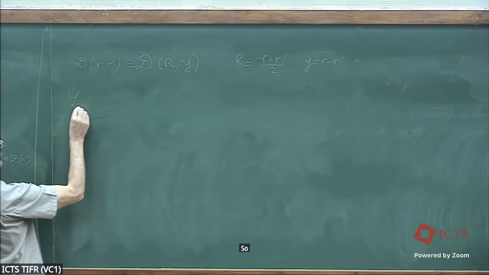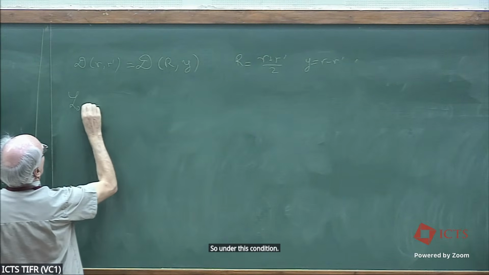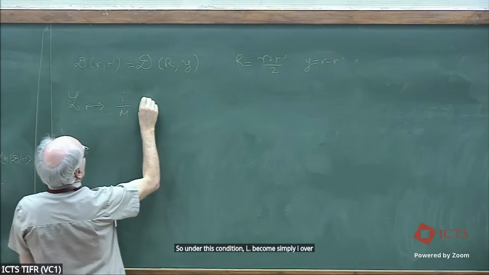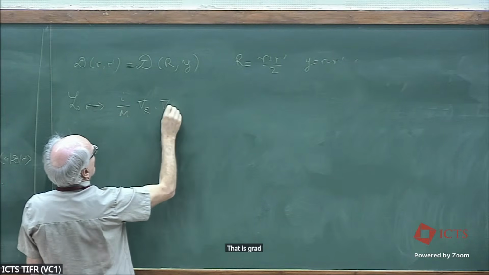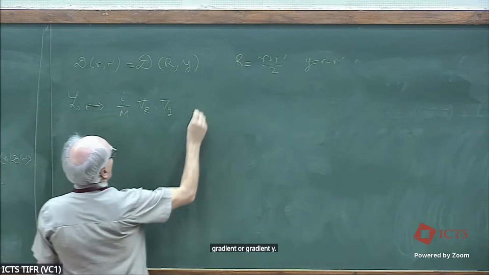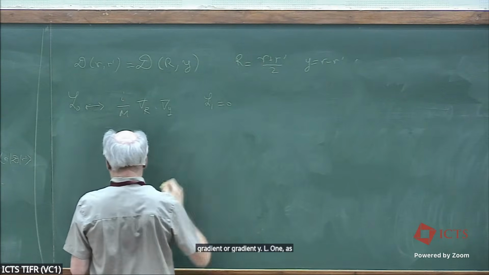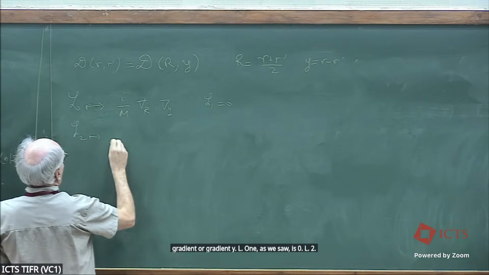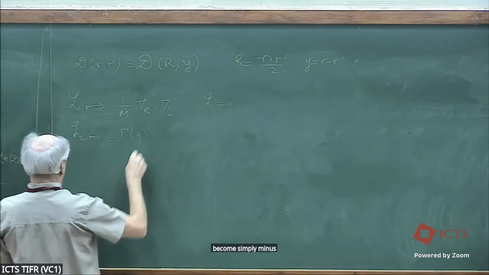So under this condition, L0 becomes simply i over m times gradient R gradient y. L1, as we saw, is 0. L2 becomes simply minus gamma of y.